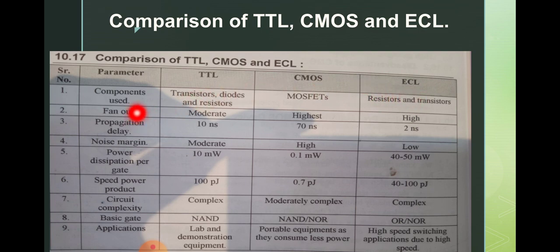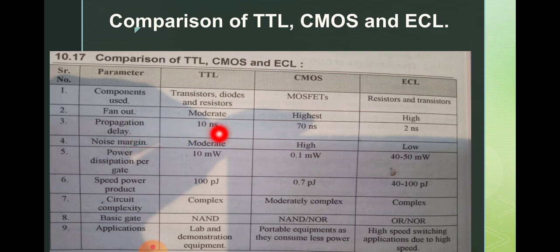Fan out, I already explained what fan out means. So the fan out parameter is moderate in TTL, in CMOS it is highest, and in ECL it is high. I just explained propagation delay, so it must be less for the proper functioning of any kind of gate.